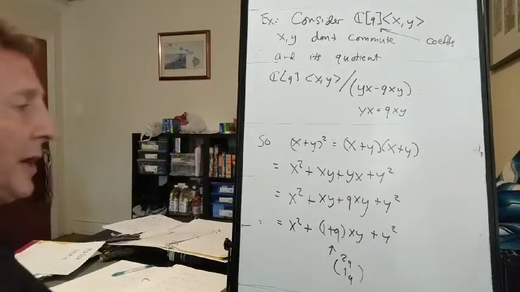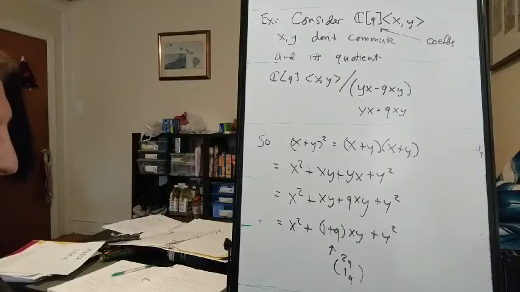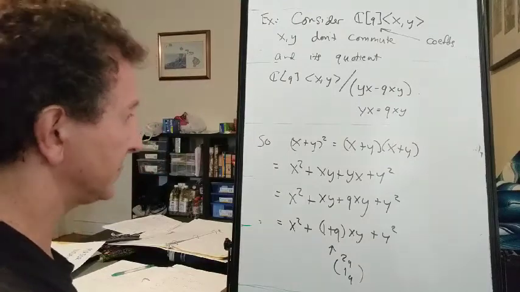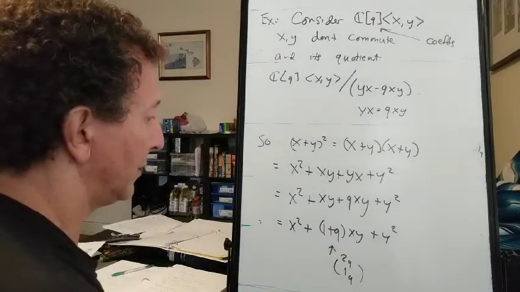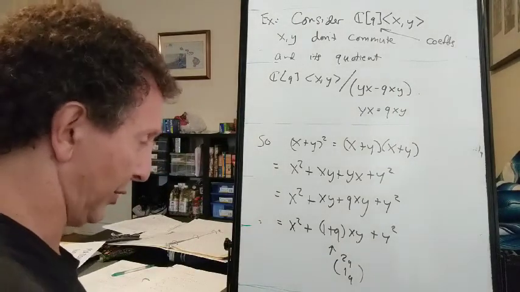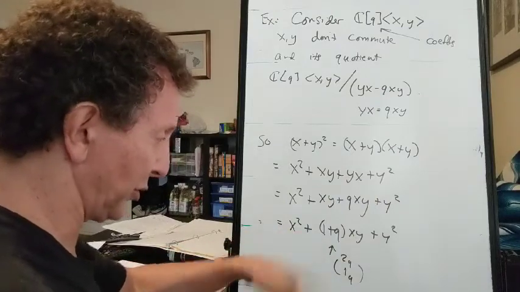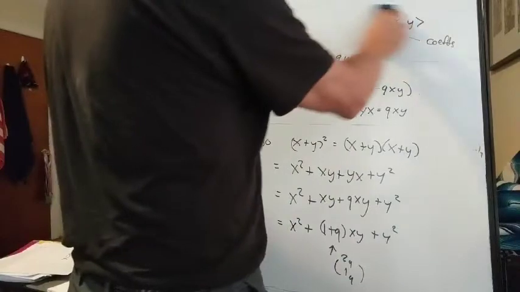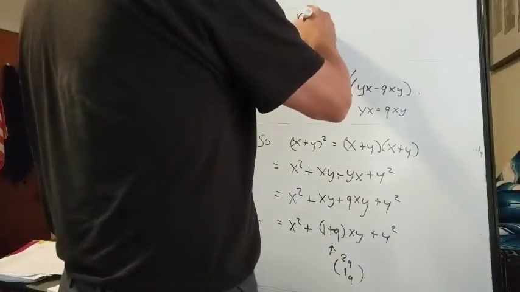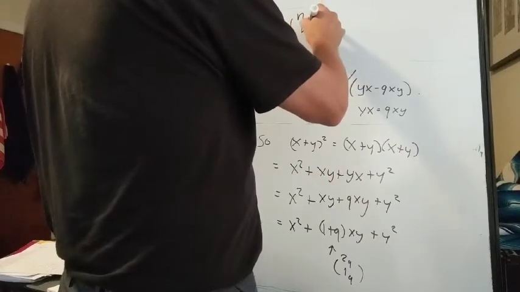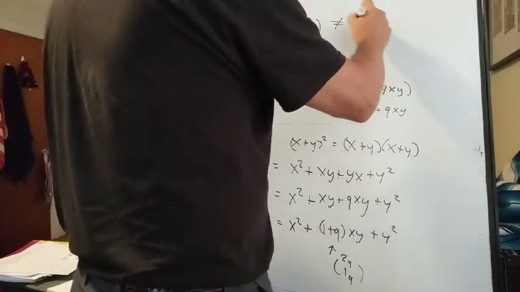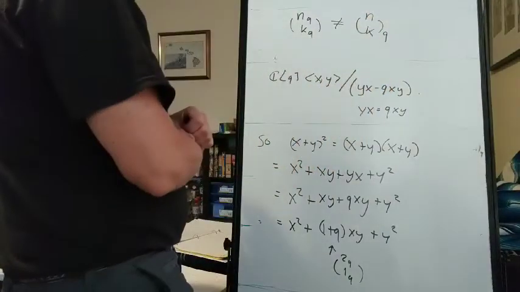And this 1 plus q happens to be equal to the q analog of 2 choose 1. Or perhaps better said, quantum 2 choose quantum 1. Because, as we saw in Pascal's triangle, quantum n choose quantum k is not in general equal to the q analog of n choose k.